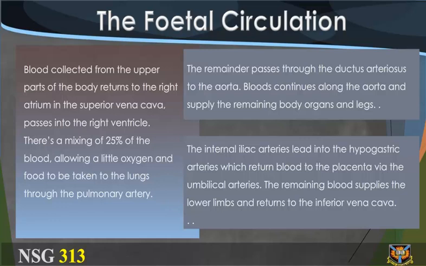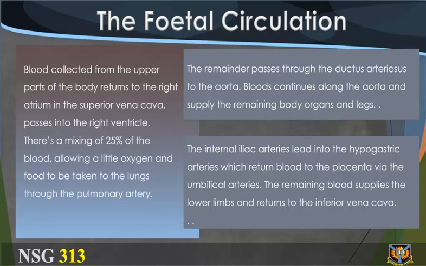There is a mixing of 25% of the blood, allowing a little oxygen and food to be taken by the lungs through the pulmonary artery. The remainder passes through the ductus arteriosus to the aorta.